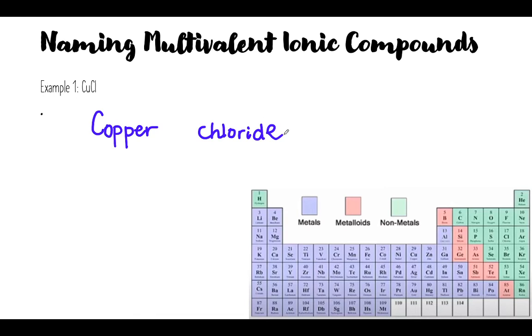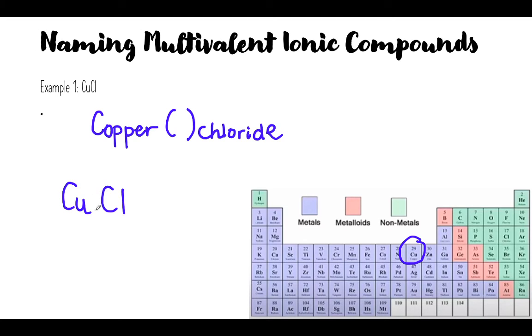Okay, we're not quite done yet. The reason we're not done is because this is a transition metal. Copper is a transition metal, and if you recall from earlier, we always have to specify in brackets what the charge of copper is. How can we figure that out? We have to do something called reverse crisscross.